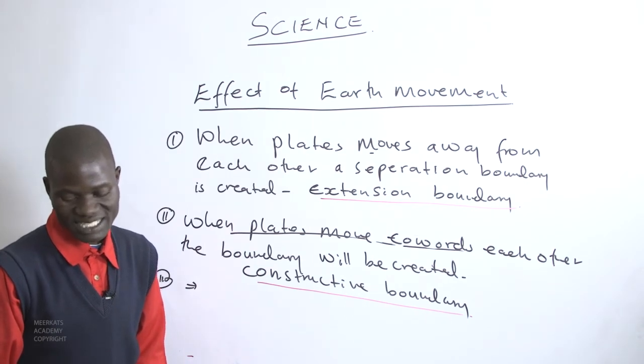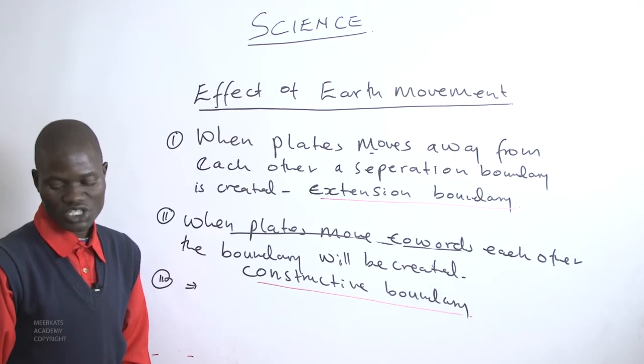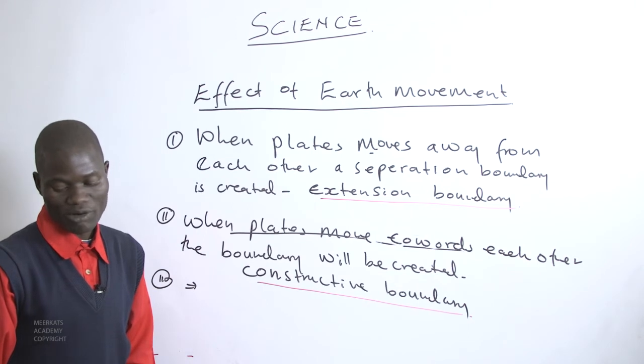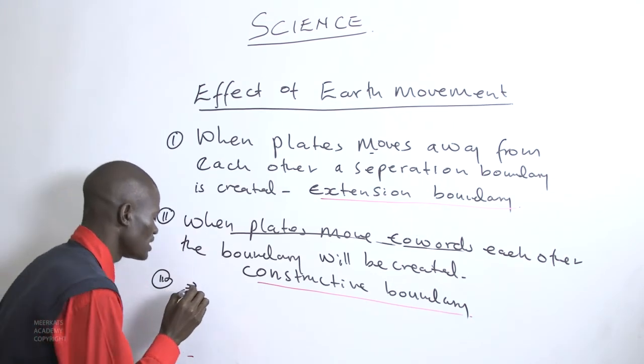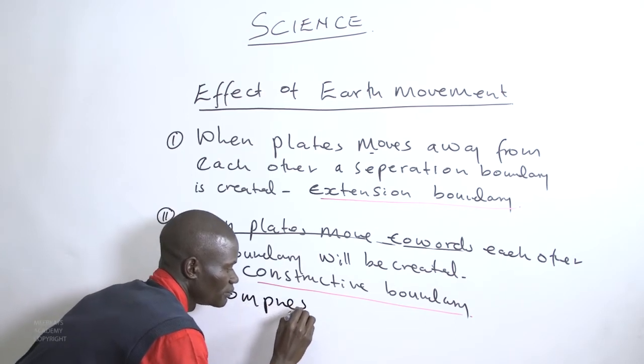An oceanic plate will always slide beneath the continental one, creating what we call a subduction movement. The subduction movement is going to generate what we call a compressional boundary.